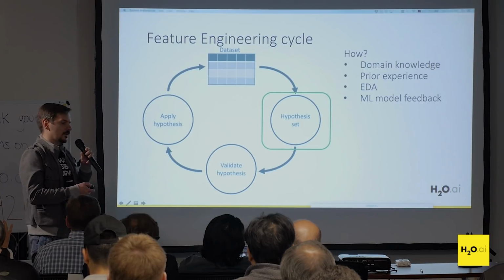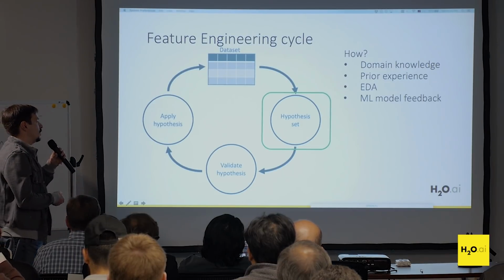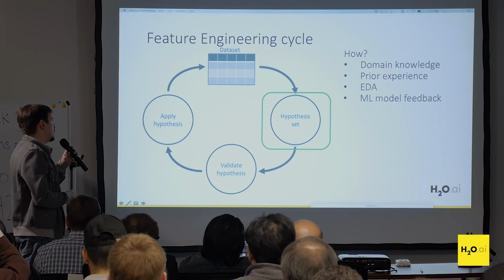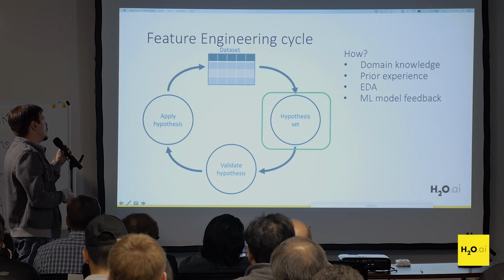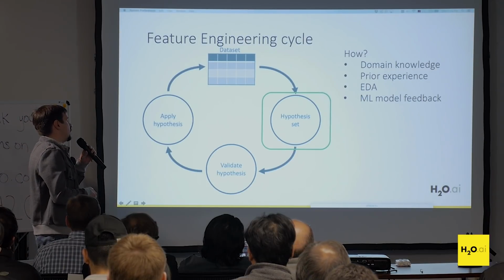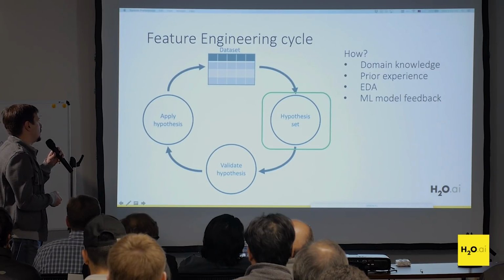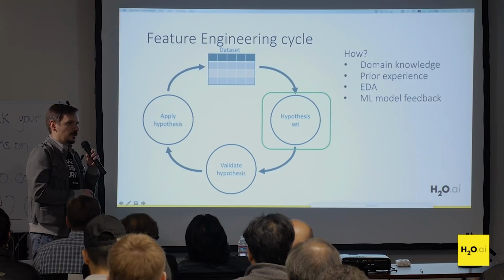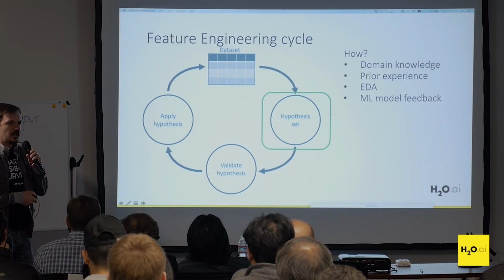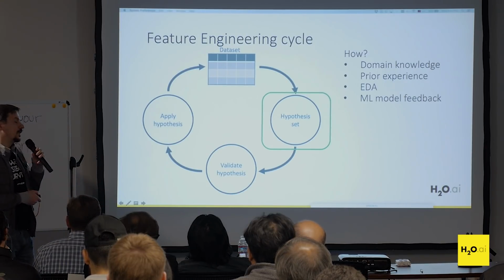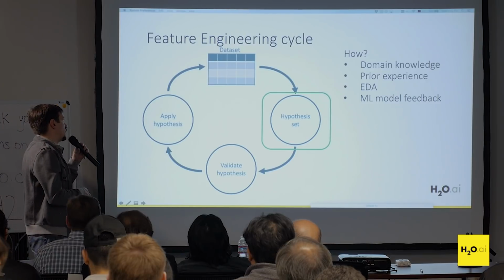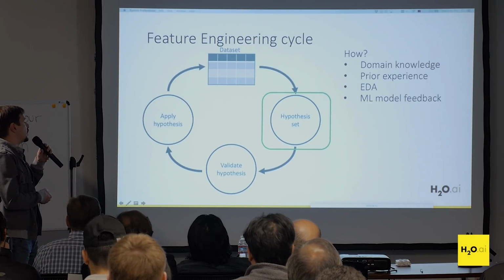How are your numeric features distributed, et cetera. Exploratory data analysis can help you with that. And of course, my favorite part, you can use specific machine learning models, and by analyzing the model itself, you can get some insight about how the data is structured and what kind of feature engineering transformations you can use to get a better model.